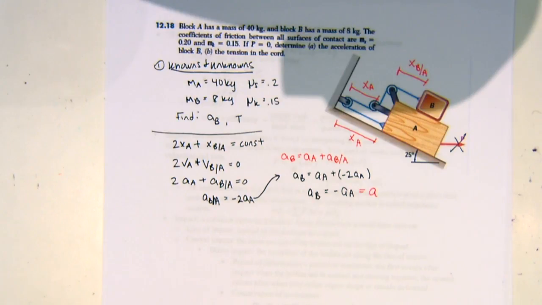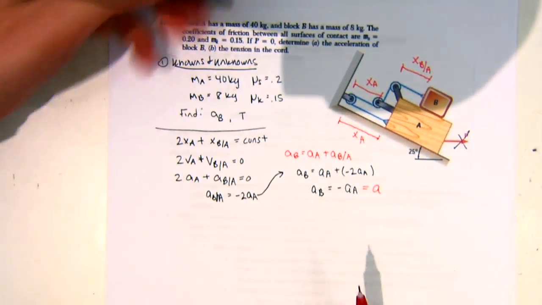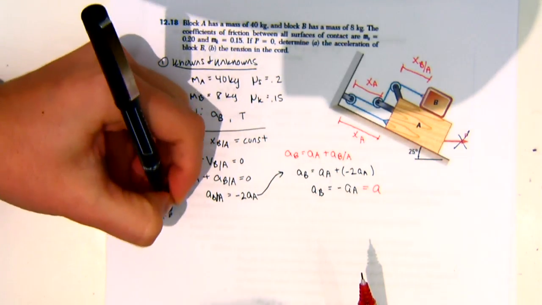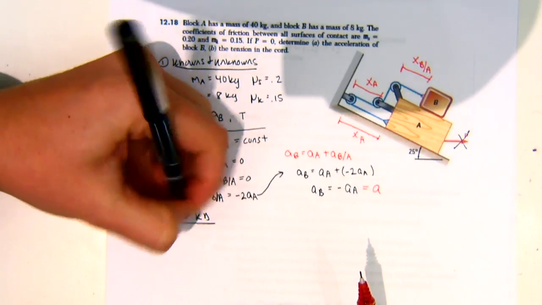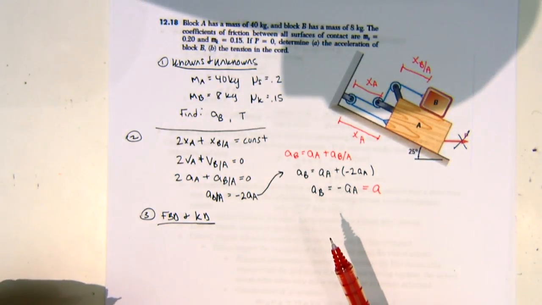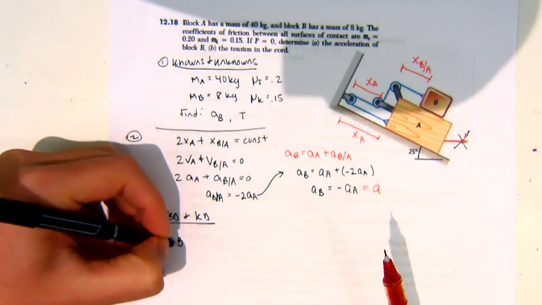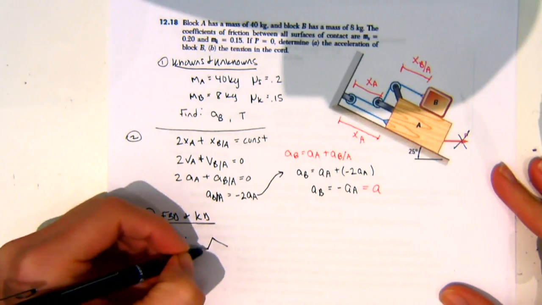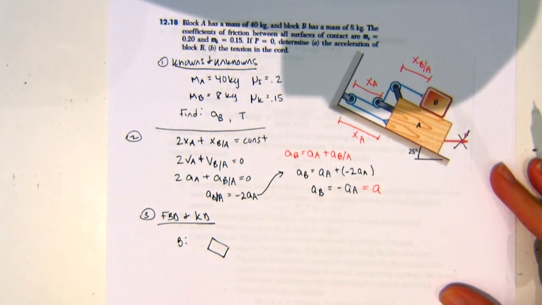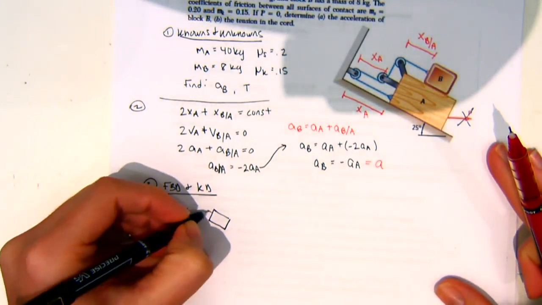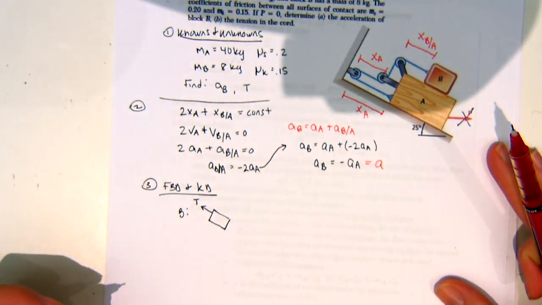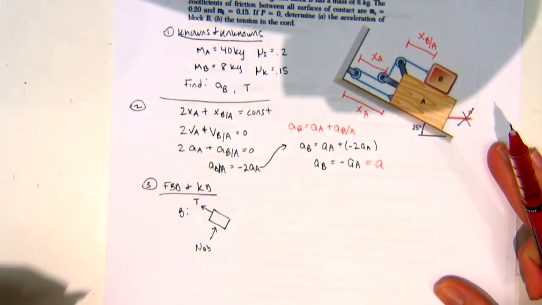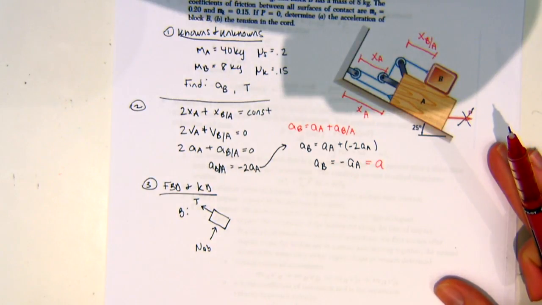So next we have to draw a free body diagram and a kinetic diagram. So this was step 2, so step 3, FBD and KD. So if I draw a free body diagram for block B, we're going to have our block on an angle. We know that we have a tension pulling it back up the incline. We have our normal. So I'm going to call this the normal between AB. So that's just like a contact force.